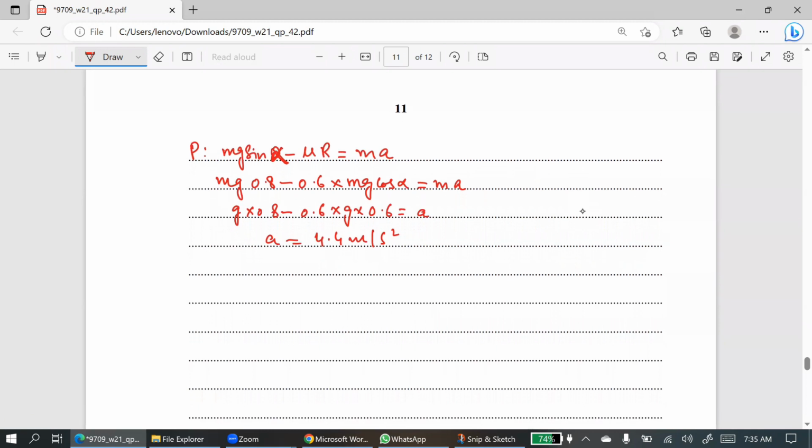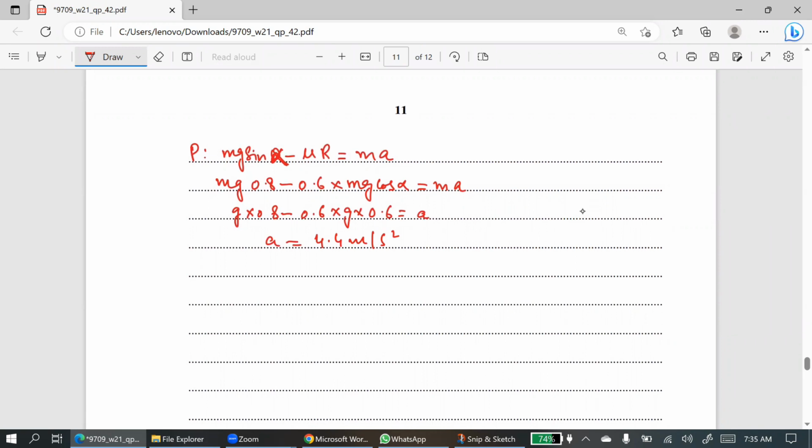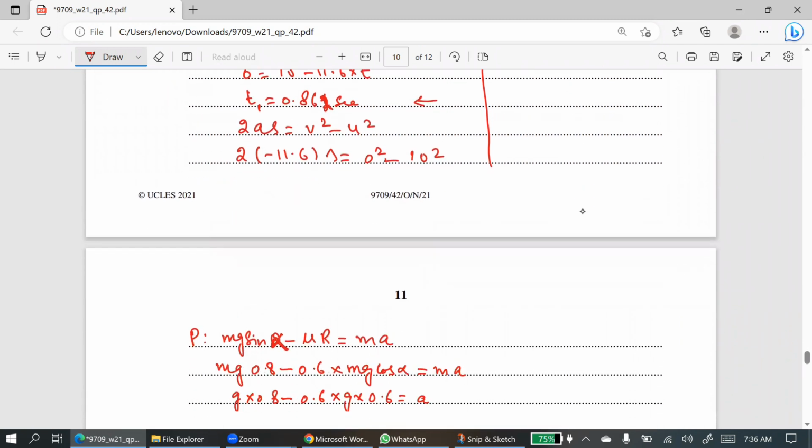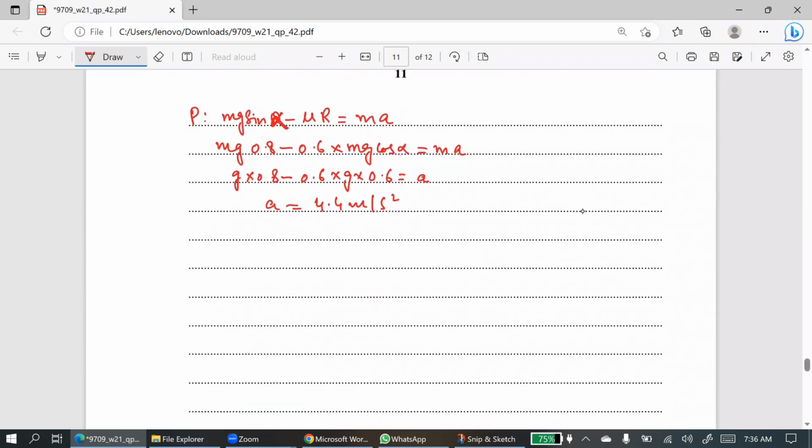Now the distance covered by P in the time 0.862 seconds: the initial speed of P is 0, acceleration is 4.4, time is 0.862.